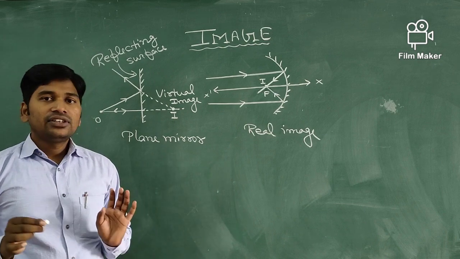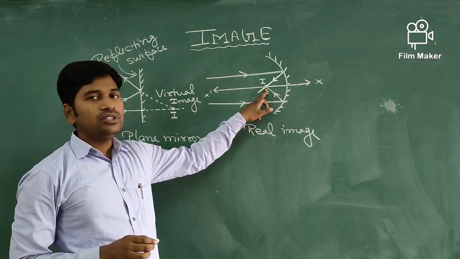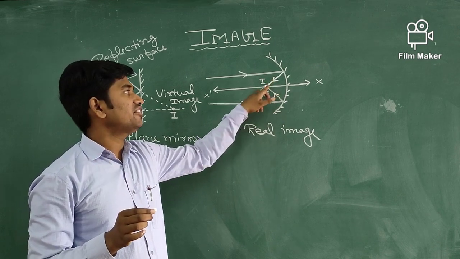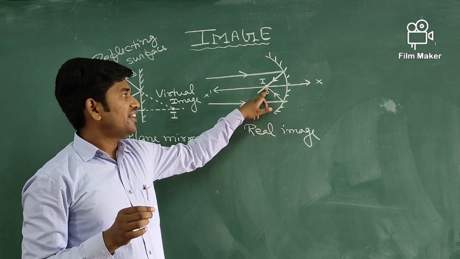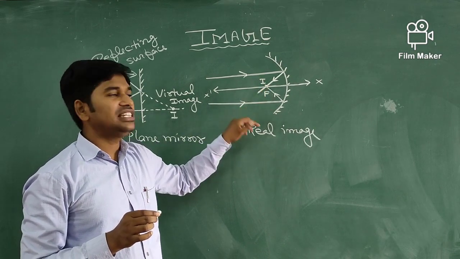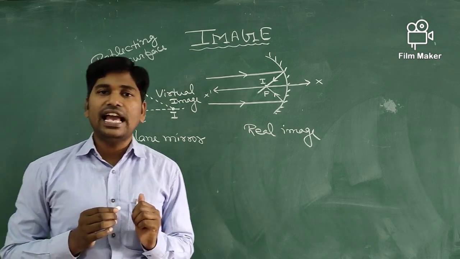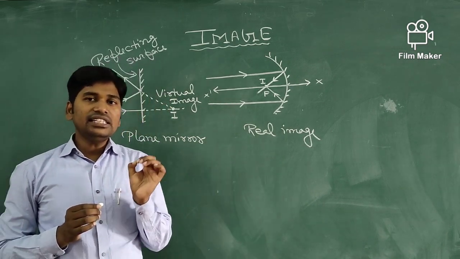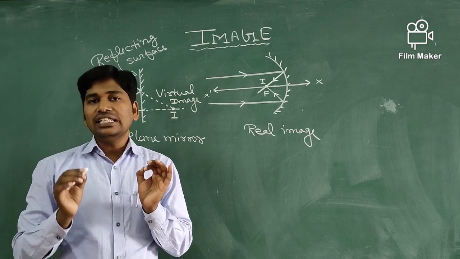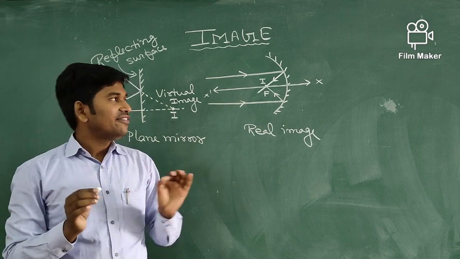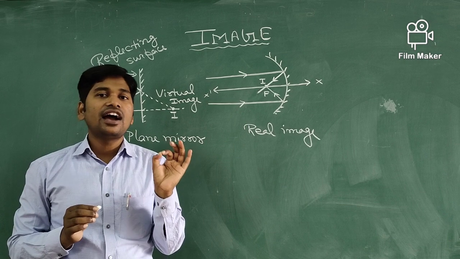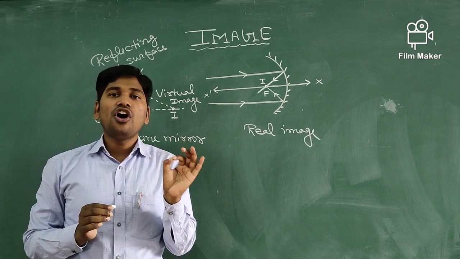The image formed by the reflected or refracted rays, when they actually intersect after reflection or refraction, is a real image. So the image formed is said to be real if the reflected rays actually intersect after reflection or refraction.